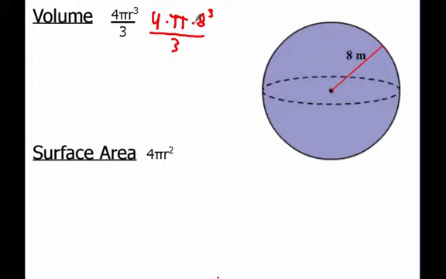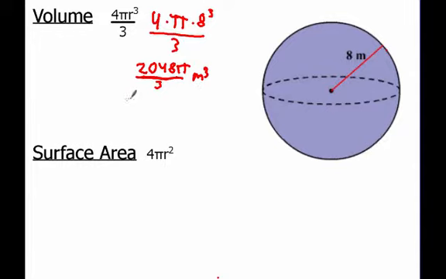So 8 cubed gets us 512, times 4 gives us 2048 pi divided by 3. Now 2048 is not divisible by 3, so if we want to talk exact units, this would simply be my answer. 2048 pi divided by 3 meters cubed.